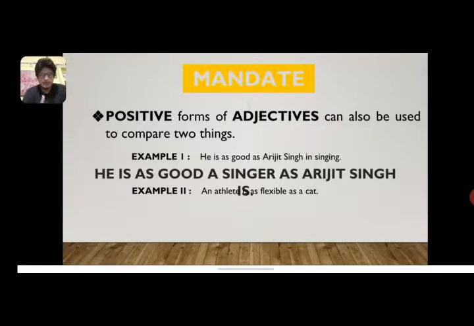So here we are talking about the first tab, the positive degree. Positive forms of adjectives can also be used to compare two things. Now this is just a change of way to use it. If I say he is as good as Arijit Singh in singing, here we have to focus on the word good because that is our primary adjective.